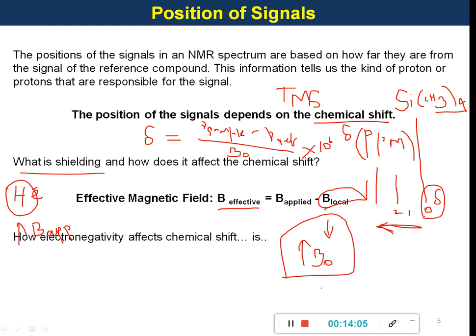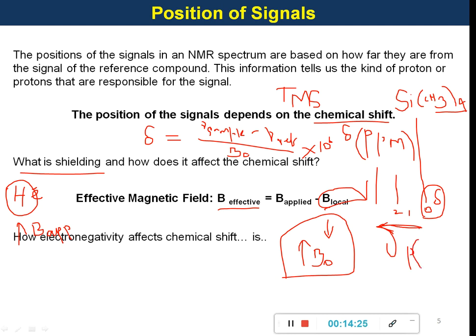Obviously the delta value will also be smaller, and lower frequencies are located on the right side of the spectrum, that is the upfield region, farther to the right hand side of the spectrum.